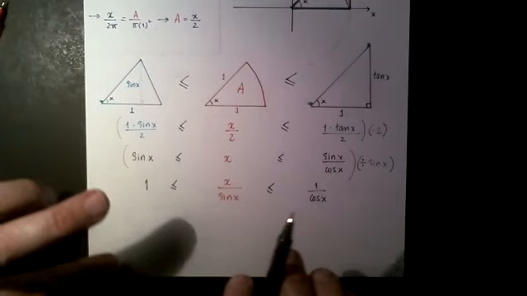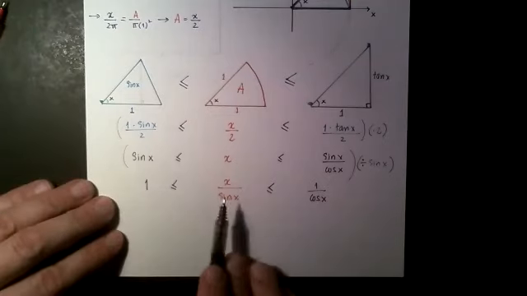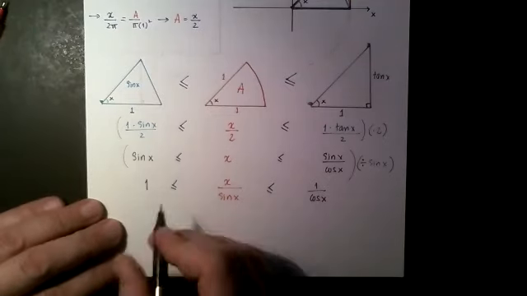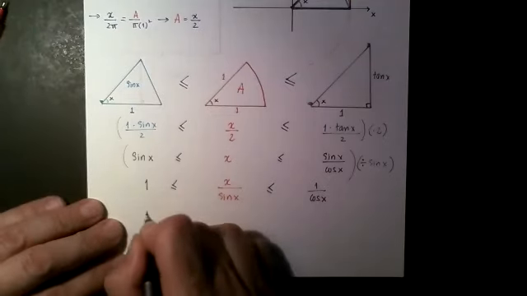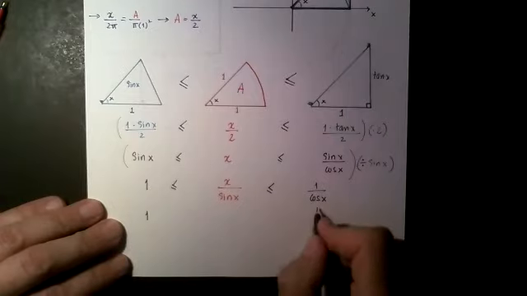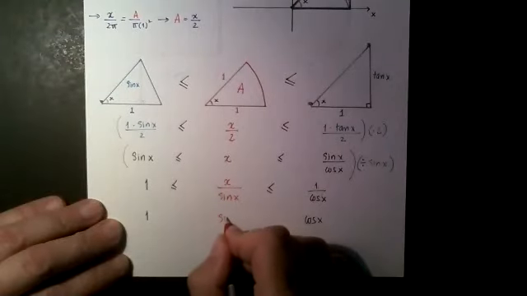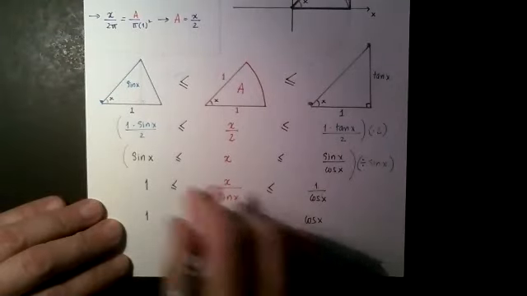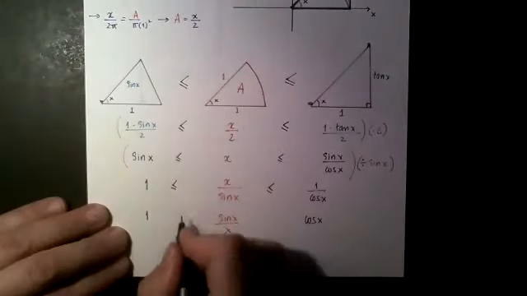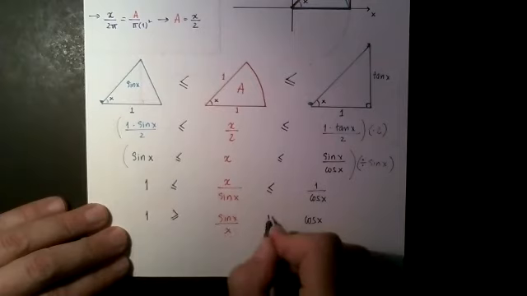What I'm going to do now is flip everything. So I'm going to flip this, flip this, flip this. So this becomes 1, this becomes cos, and this becomes sine x over x. And now I for sure need to flip the signs.